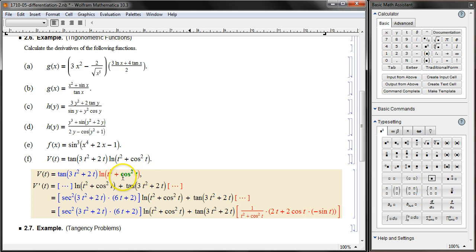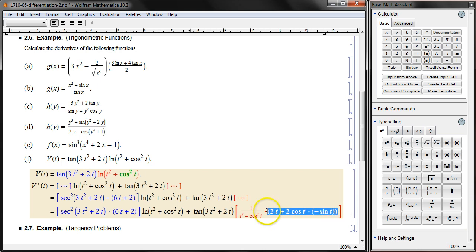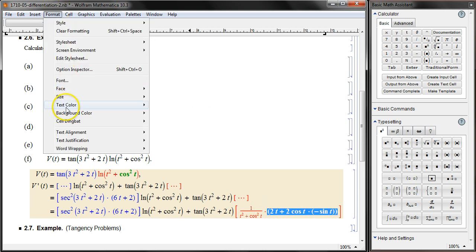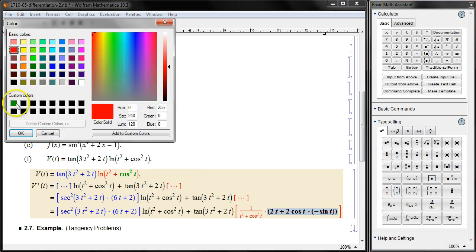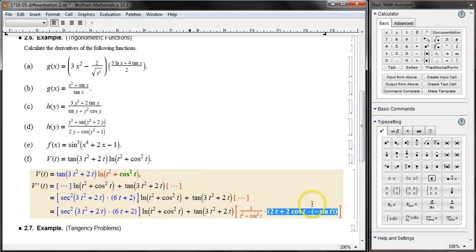Derivative of this: outer function is square, so 2 comes out, we get 1 power, so you don't have to write it. So we get 2 cosine of t, and then the derivative of the inside, what do you get? We get negative sine, and this part comes from the derivative of cosine squared.